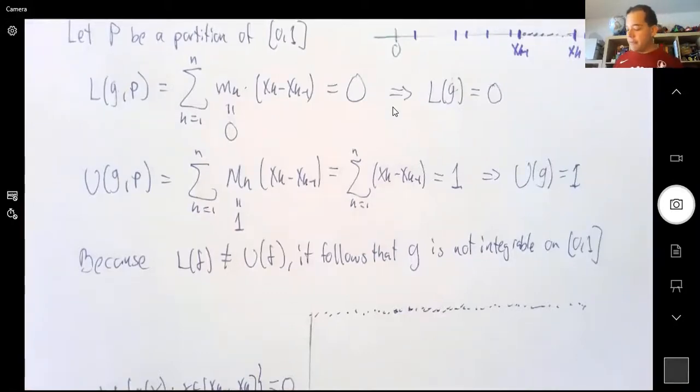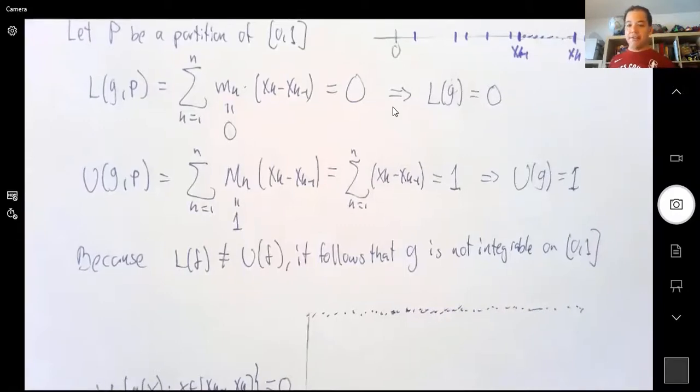And this maybe suggests to you that if you have an infinite number of discontinuities, then it's not integrable. And that's not true. The problem here is that this one has no continuity at all, right? This function is discontinuous everywhere. It's totally broken.